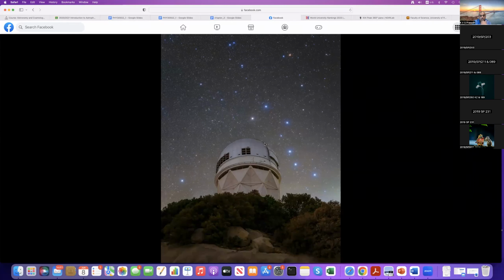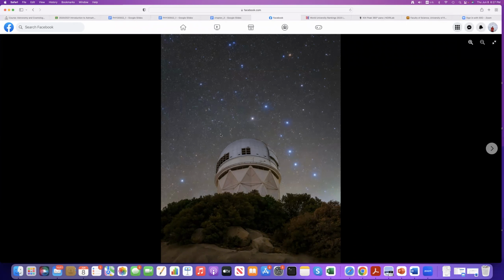What I need to mention here is that there is a nice constellation here. Can you see what it is? Can you name it? One thing you should understand is that constellations always come from the brightest stars, right? So can you identify the constellation in this picture?